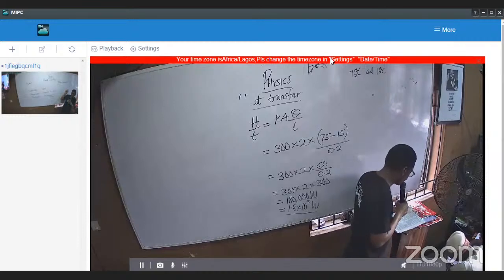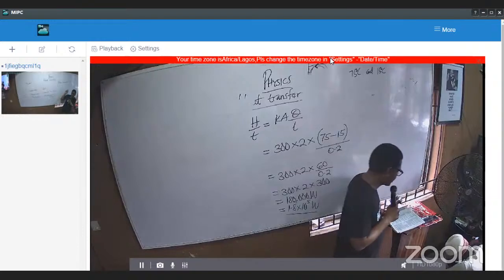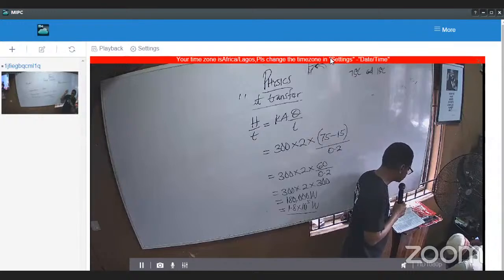Option B: poor absorber and good emitter of radiation. Option C: good absorber but poor emitter of radiation.